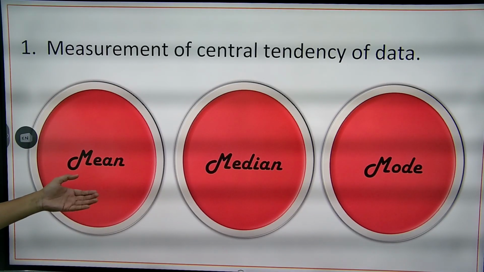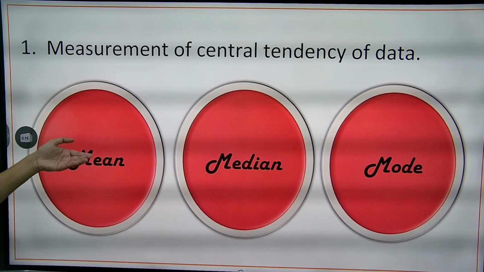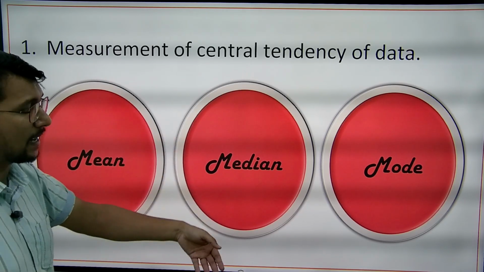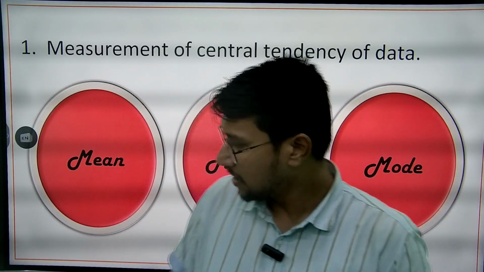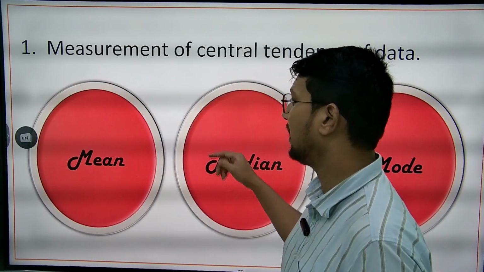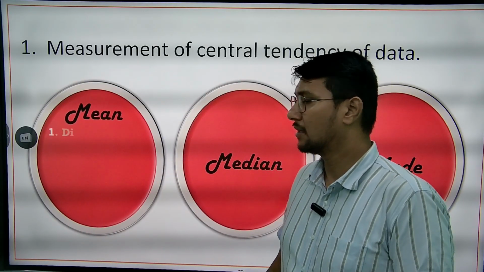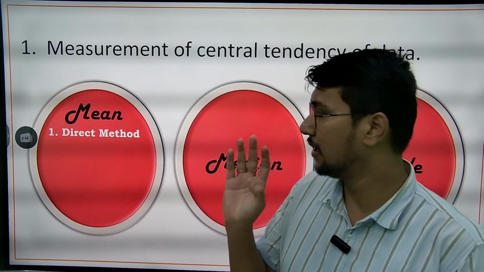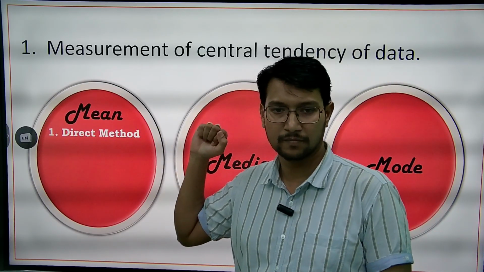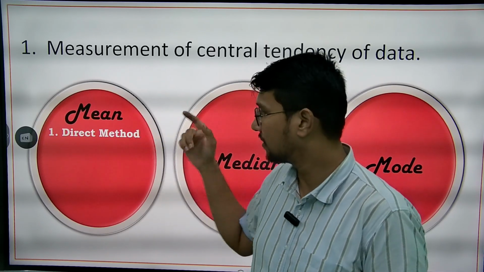But now the question arises: how to find the mean, how to find the median, how to find the mode. One by one we will discuss. Let us discuss the mean right now. There are three methods for finding the mean. First is the direct method. Second is the assumed mean method, and third is the step deviation method.